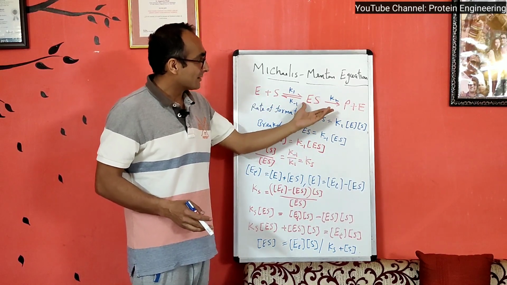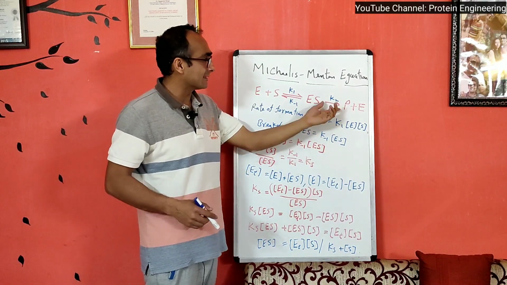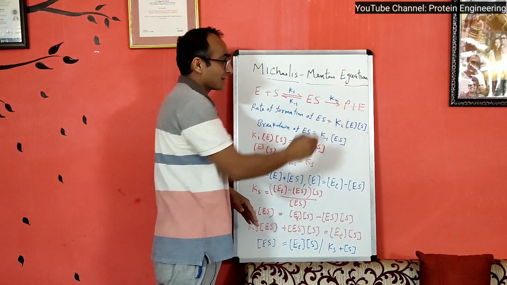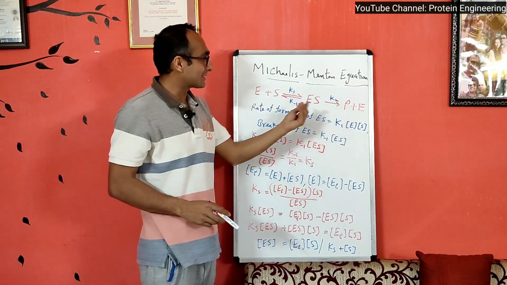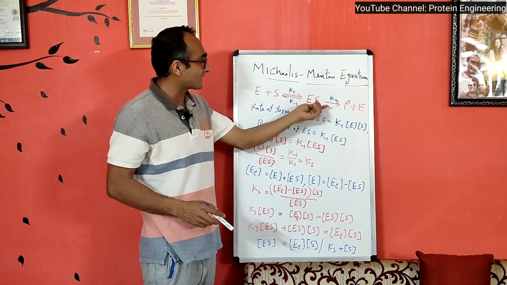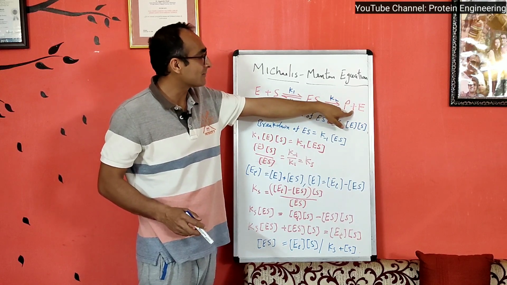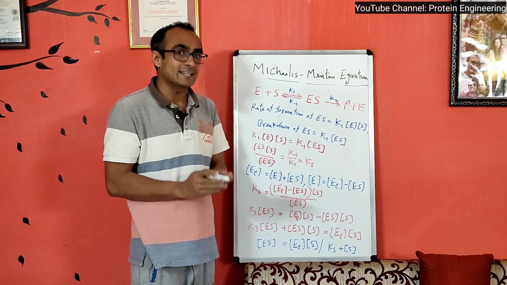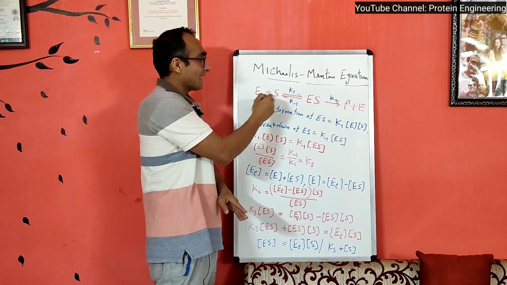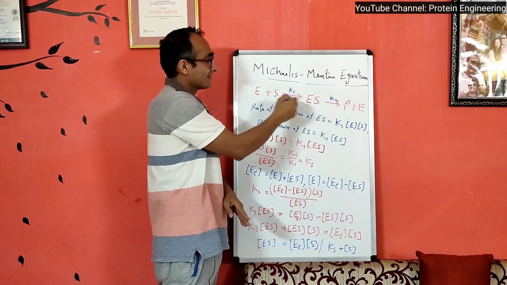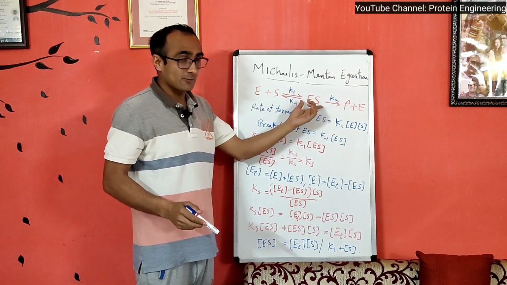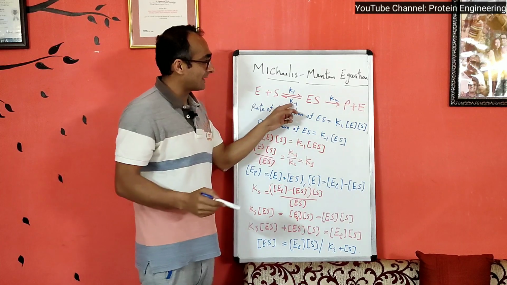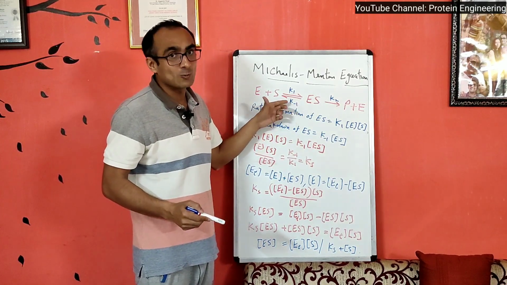So Michaelis-Menten considered that this rate constant K2, which is for formation of product, is too little to disturb the splitting of ES complex in this direction, and that's why ES complex remains at equilibrium with the reaction between enzyme and substrate. This is the rate of ES complex formation, and ES breakdown into E and S is designated by a rate constant K minus 1.